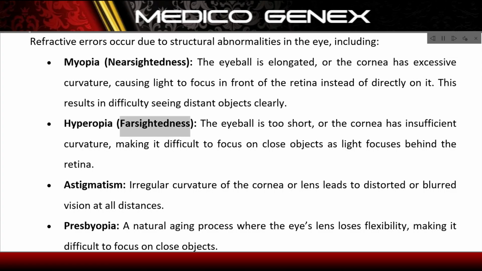Hyperopia, farsightedness: the eyeball is too short, or the cornea has insufficient curvature, making it difficult to focus on close objects as light focuses behind the retina. Astigmatism: irregular curvature of the cornea or lens leads to distorted or blurred vision at all distances. Presbyopia: a natural aging process where the eye's lens loses flexibility, making it difficult to focus on close objects.